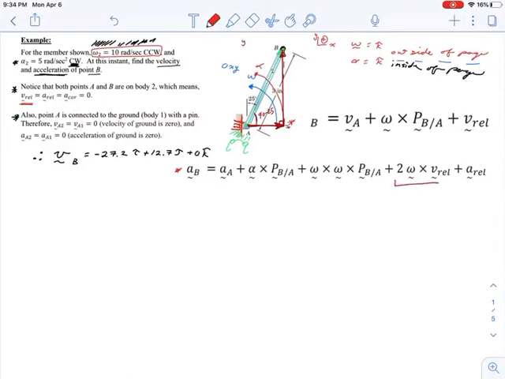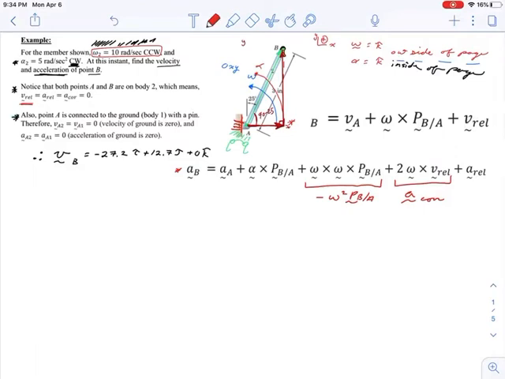This right here we would consider the Coriolis acceleration, and this right here, whenever we're dealing with two-dimensional problems, would be considered negative w squared r_B relative to A.